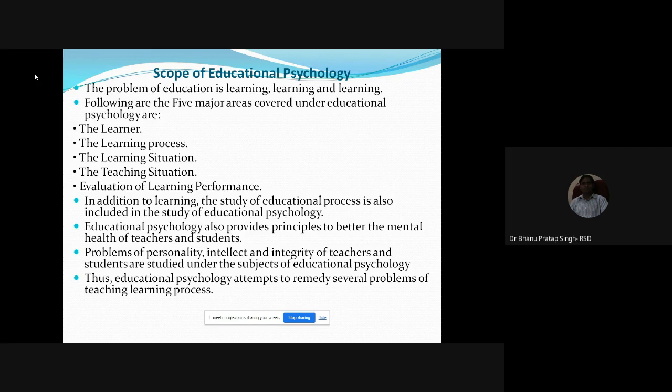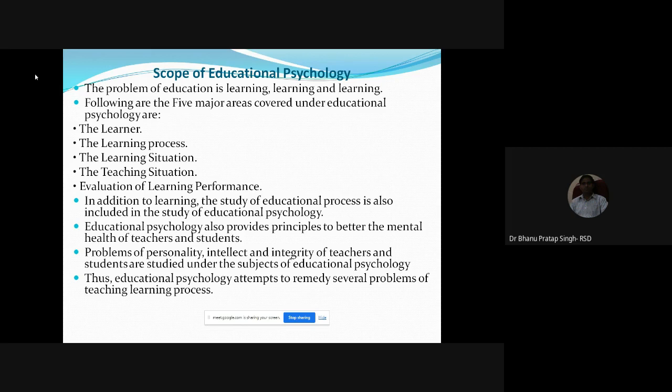Because when we talk about problems, then areas come. In what areas are there problems? So, the five major areas are covered under educational psychology. One is the learner. On the first day, I said, what is education? I have given four thumb rules.